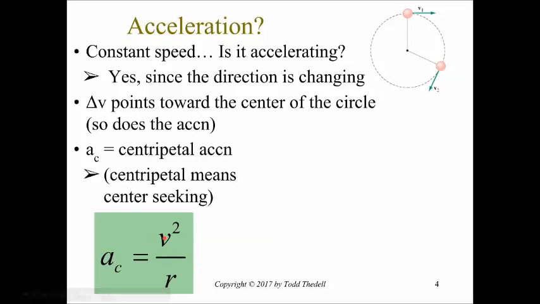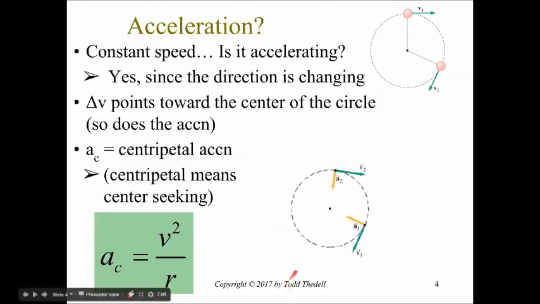So this refers to the speed squared over r. We won't go into how we derive this formula this time. Maybe we'll show that later. But you can see that throughout the circle the acceleration is always going to point to the center of the circle.